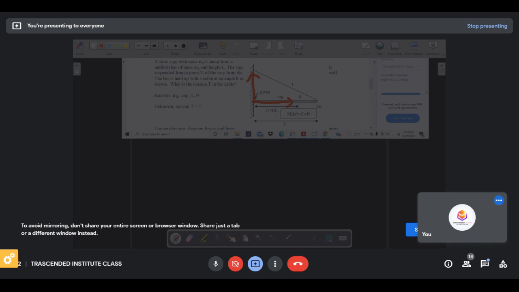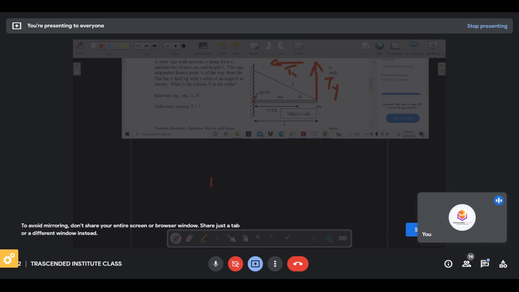So now, from the forces that we've identified, we've identified the y component of the tension upwards, which we are calling Ty. Then we've also identified the x component, Tx. So let's start with those two.